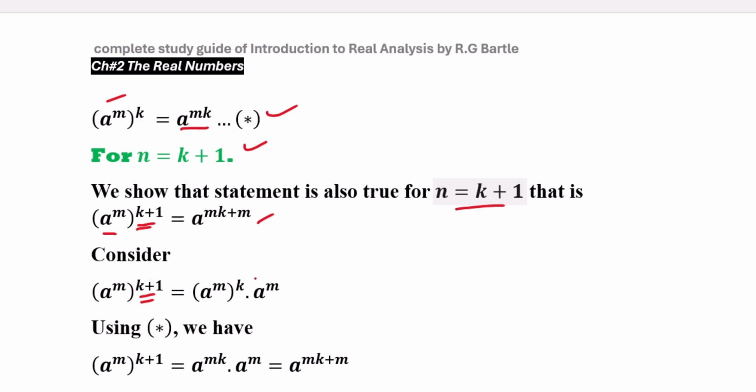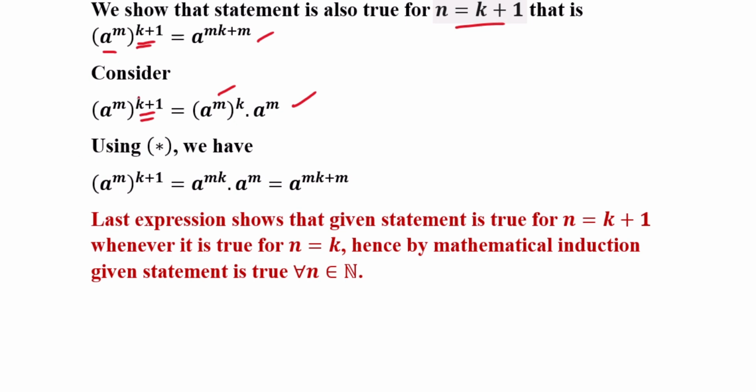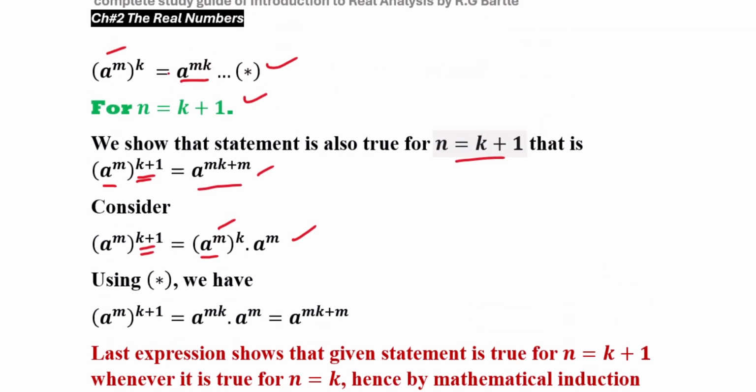We can break this expression a raised to power mk into a raised to power m using star. Star says a raised to power m whole power k is equal to a raised to power mk. Sorry, this is not my star. This is star: a raised to power m whole power k is equal to a raised to power mk.